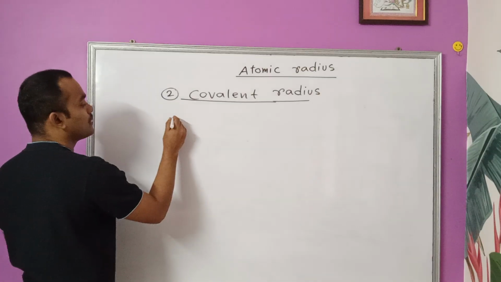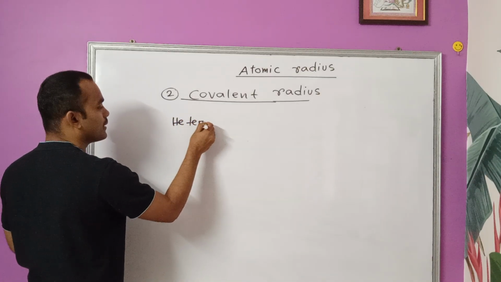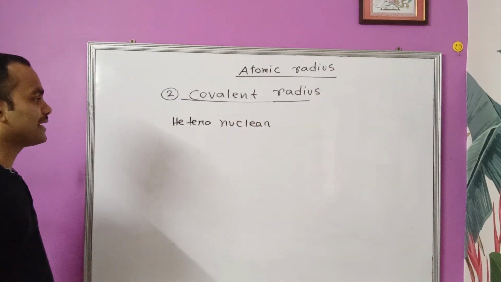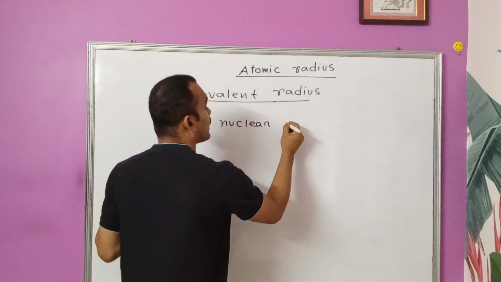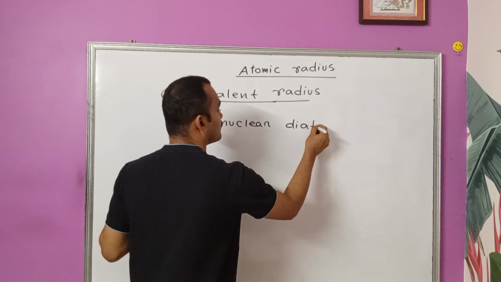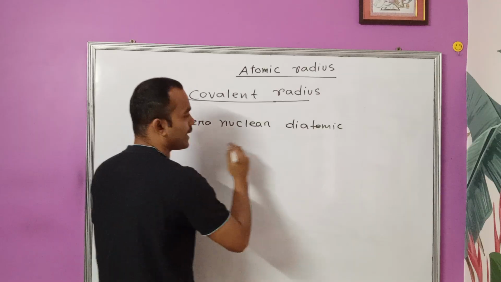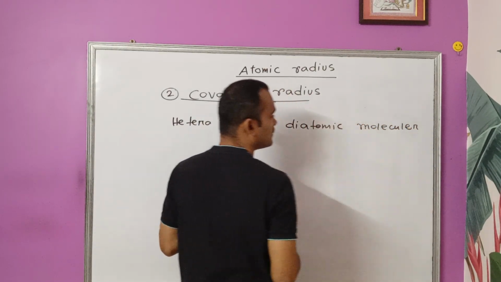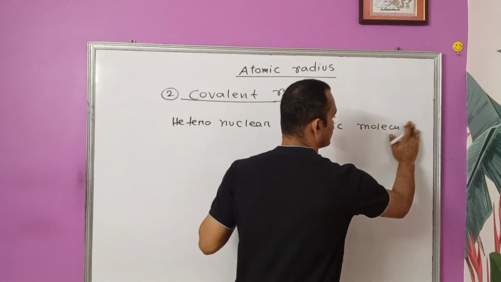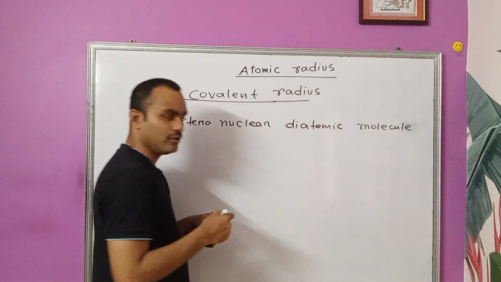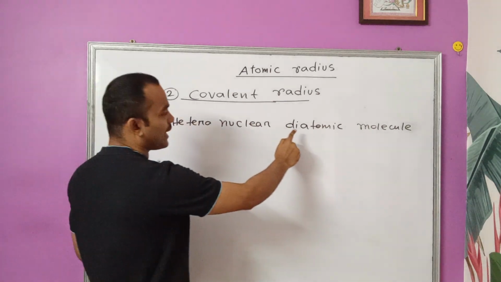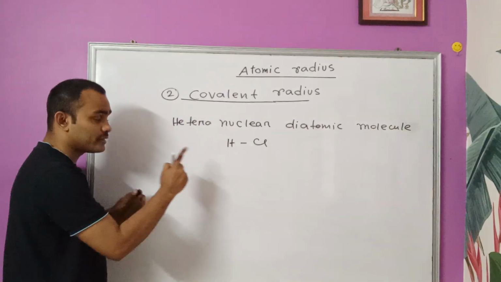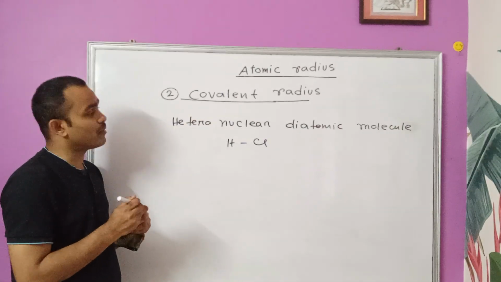So in case of heteronuclear diatomic molecules, suppose in case of HCl, there how will we calculate the covalent radius?